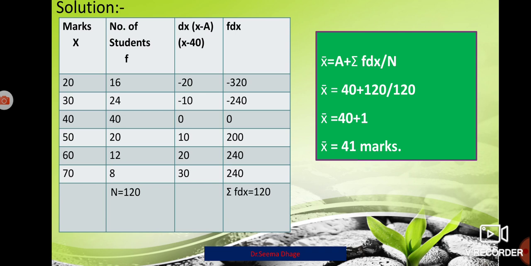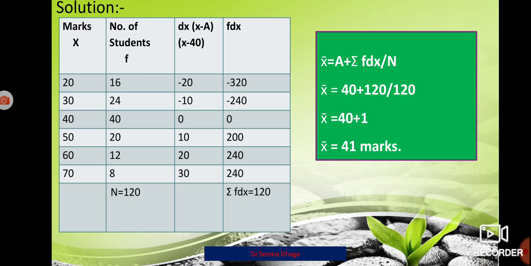As I have told you, centrally located values can be your assumed mean. You can take any value, but to simplify our calculation we can select centrally located values, and here centrally located values are 40 or 50. So I have taken 40 as assumed mean, and we have to subtract 40 from the variable.